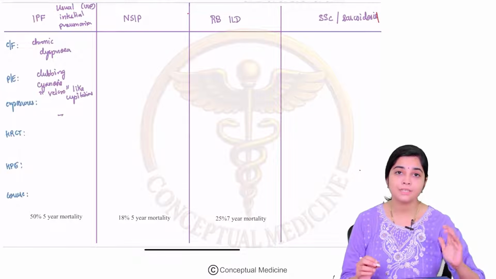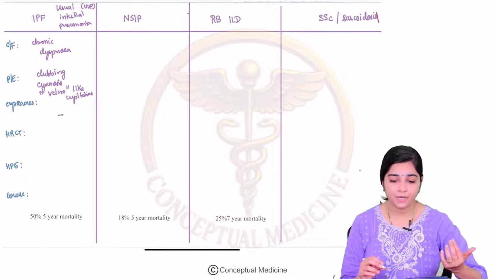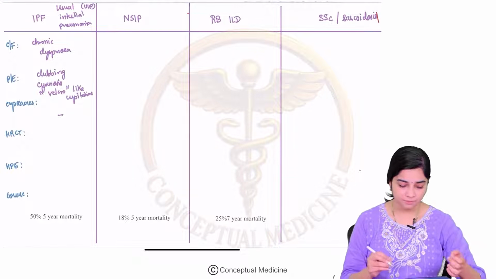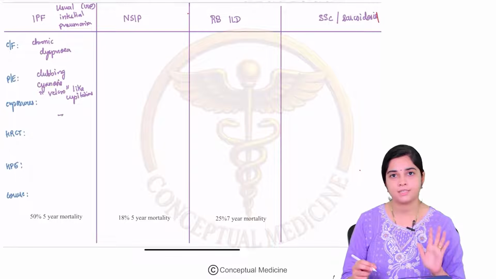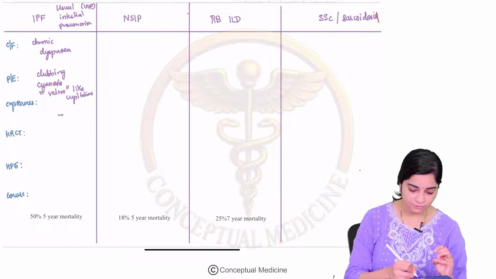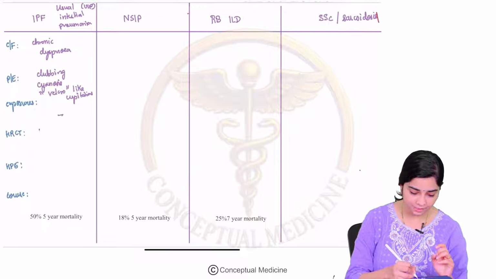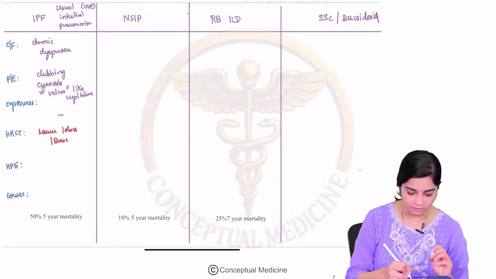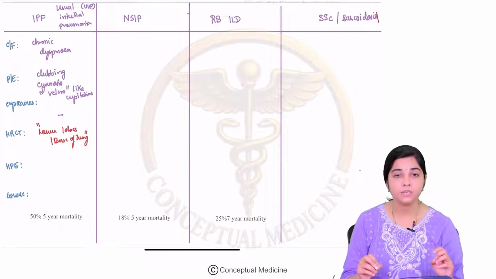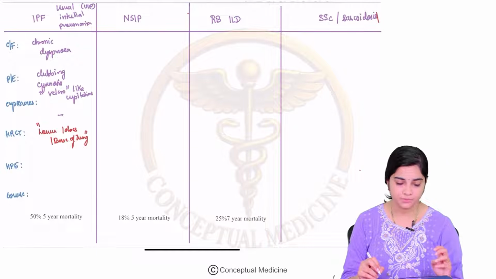Okay. So now let us look at the HRCT findings of idiopathic pulmonary fibrosis. There are certain keywords which you should be remembering in the HRCT findings of IPF. The first word: the characteristic feature of IPF is that it involves the lower lobes, or the base of the lung. So the base of the lung is the one which is commonly involved in idiopathic pulmonary fibrosis.